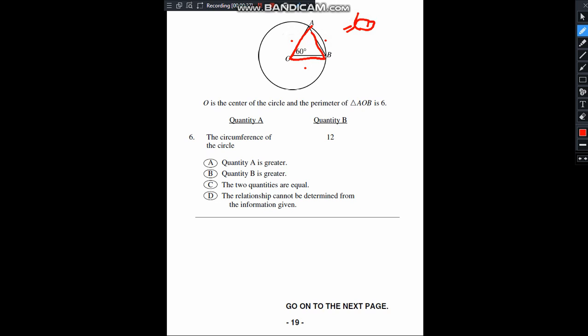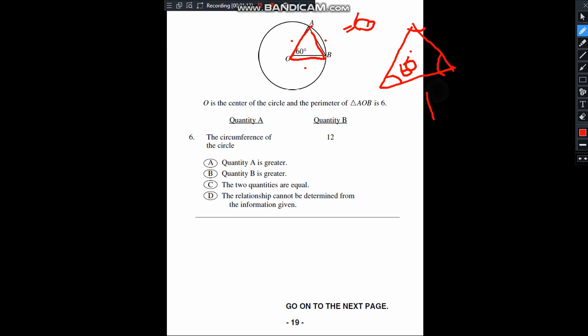So basically what we can do is, when we have this triangle over here, and this angle is 60 degrees, we can say that these two angles are most likely the same. Can we say that it's the same? So, yeah, we can say that it's the same, and that both of them should be the same.